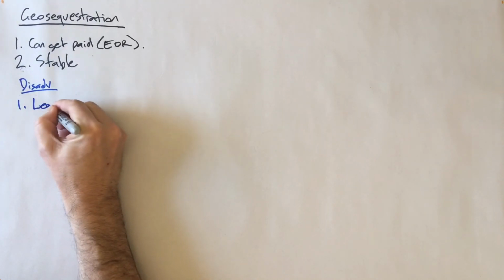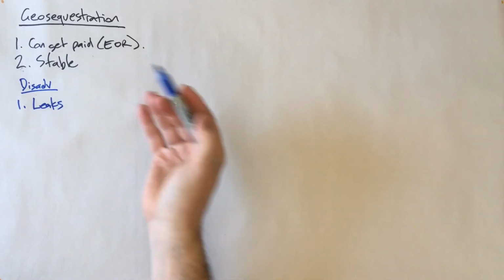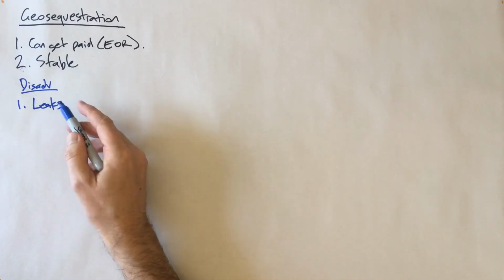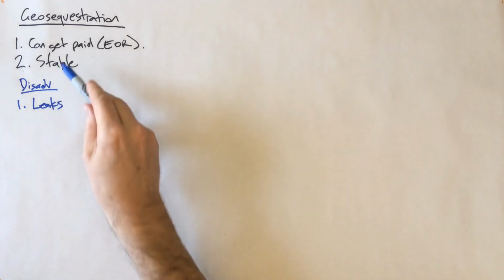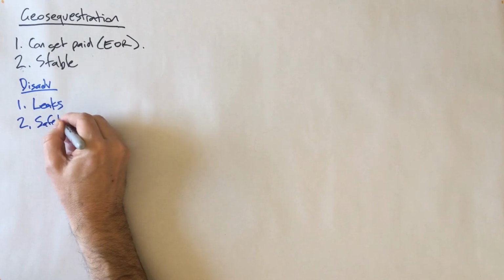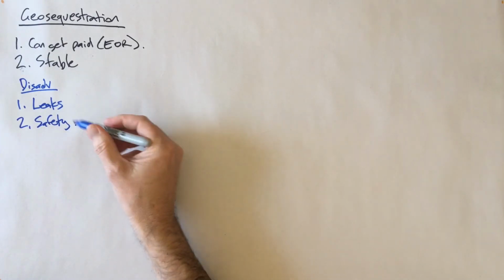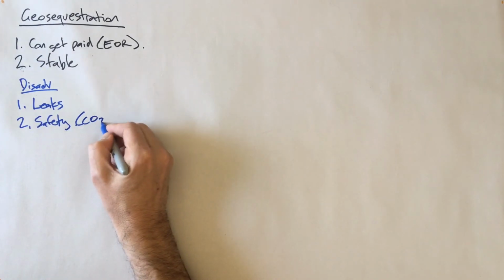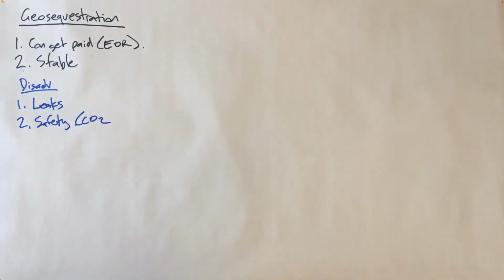But a key disadvantage is you might get leaks. So obviously it's either stable or it leaks if you don't get it right. So there's a lot of geology and a lot of research and a lot of testing and modeling required to make sure that you don't get leaks. And secondly is safety, which is related to leaks. If you get large-scale leaks of CO2, essentially that can kill people.